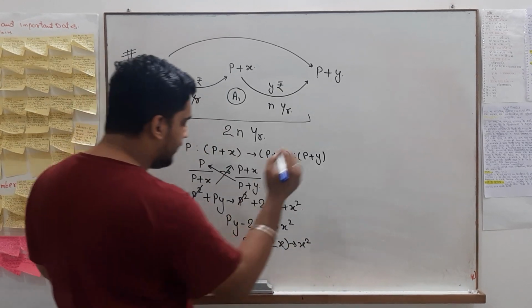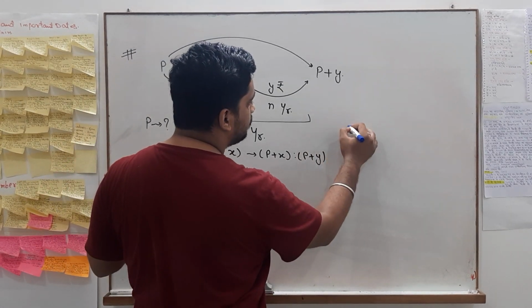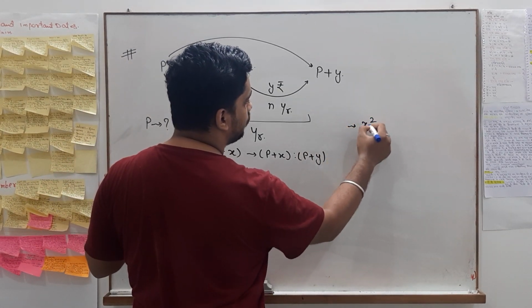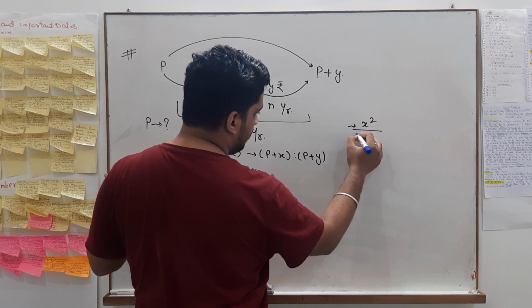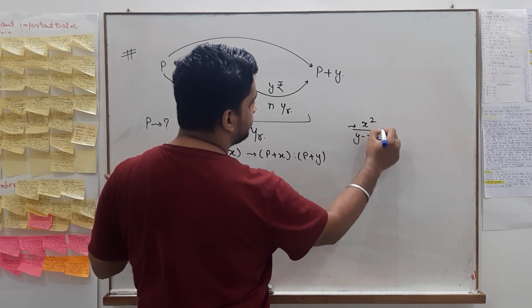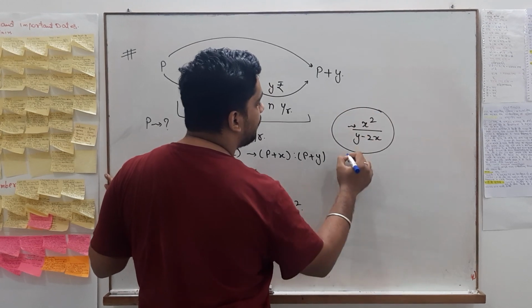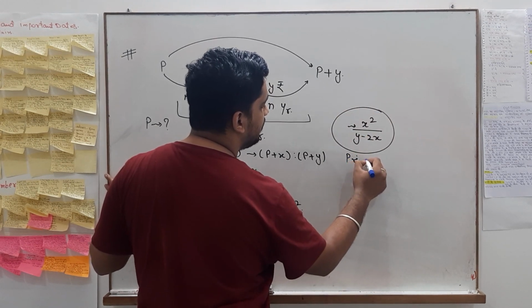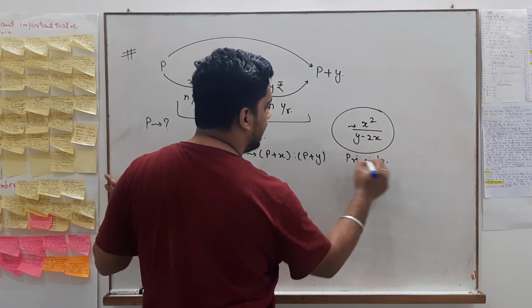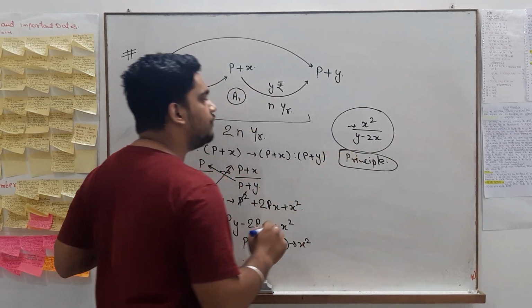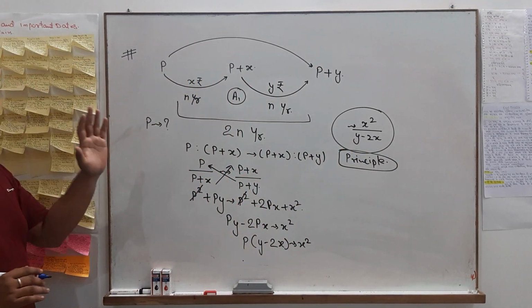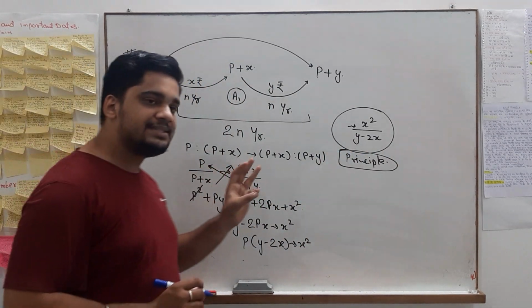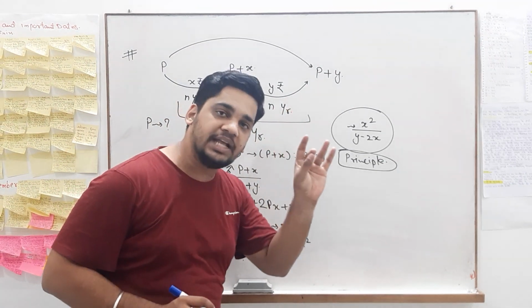So what will be the value of P? It will become X square upon Y minus 2X. This will be your principal amount. Are you getting my point? This is one of the most favorite questions of IBPS, SSC and SBI.